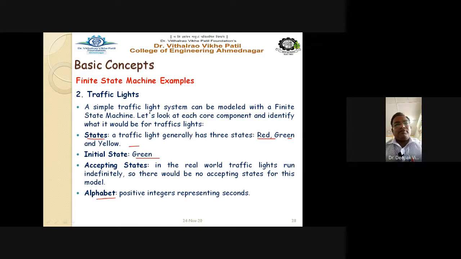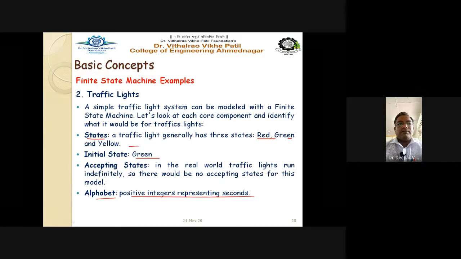And the alphabet means the waiting time for that particular signal. If it is a green signal, how much time the green signal will be on, say for example 120 seconds or 100 seconds, is nothing but the input alphabet we are applying to that signal. Suppose for the red light, how much time that light will be there, say for example 120 seconds is the timing set for that red signal, right?